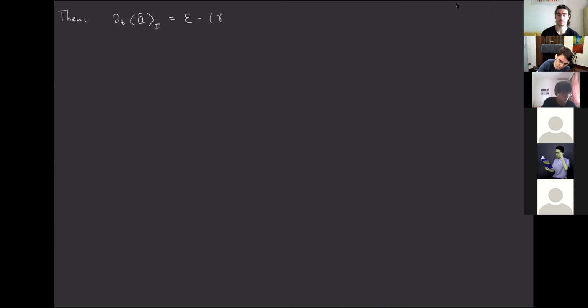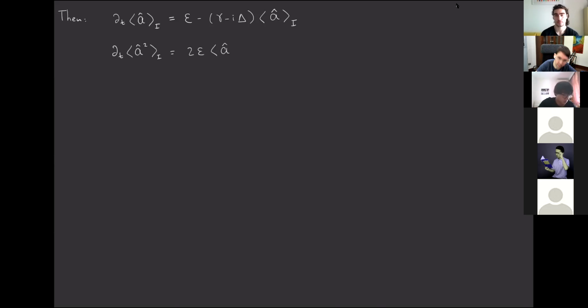Very simple equation that we actually already found out, or something similar, in the Heisenberg picture. So you see that it's a very simple linear equation for the expectation value of A. Now, if you do the same with the expectation value of A squared, then you will get something relatively similar.